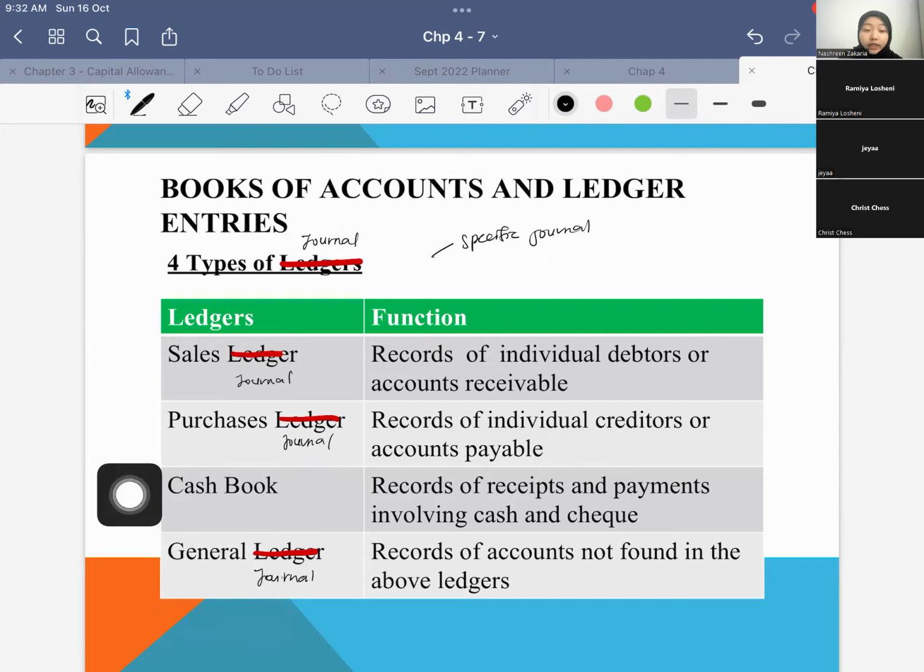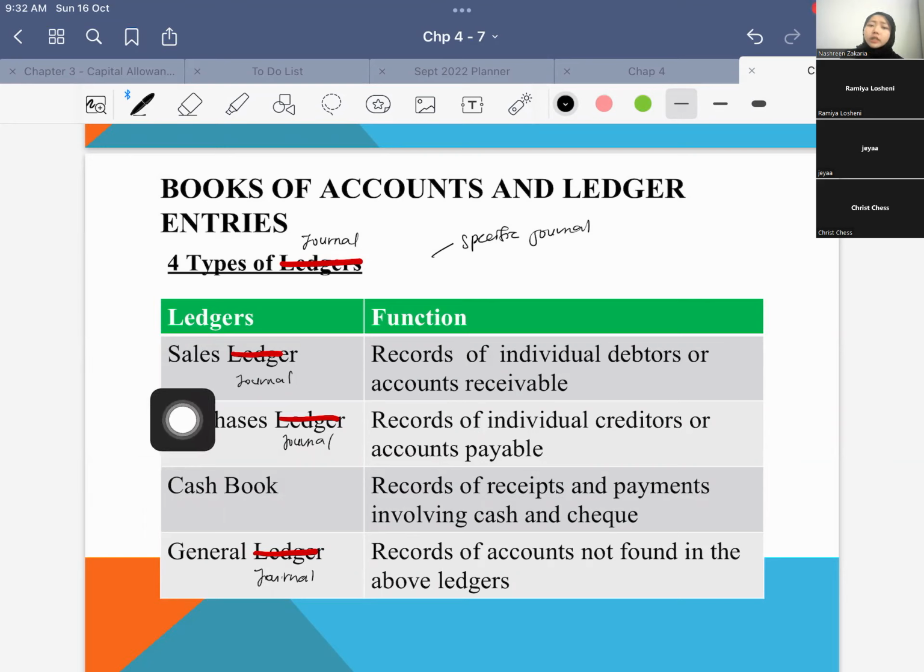Okay, if the question asks you to prepare specific journal, then you can transfer all the transactions into the specific journals. Okay, if they did not mention specific journal, meaning that no need to transfer it accordingly lah.